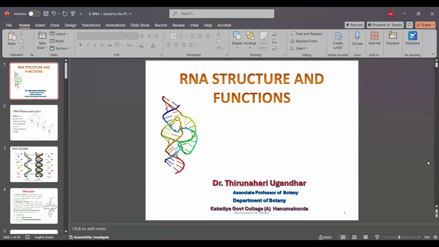It also acts as the genetic material in different viruses, like the polio virus, HIV, and, as we recently observed in the pandemic situation, COVID-19, SARS-CoV-2, which also contain RNA as a genetic material. RNA is also involved in most of the biochemical reactions in genetics. So sir is going to explain in detail.